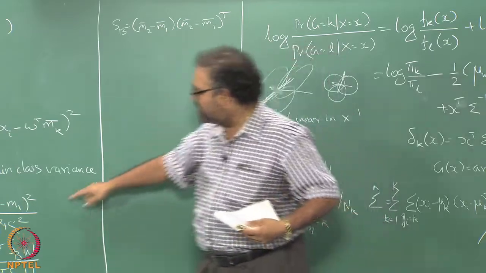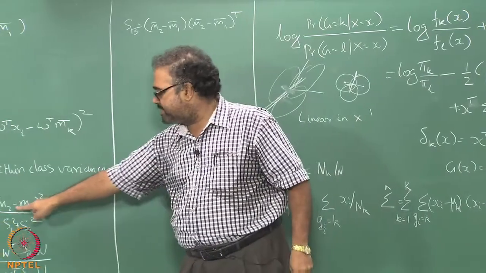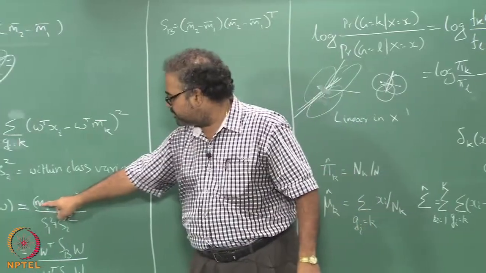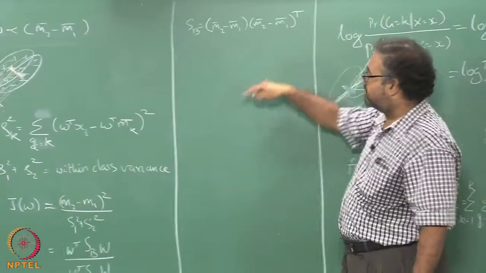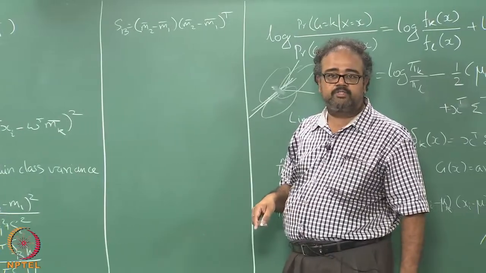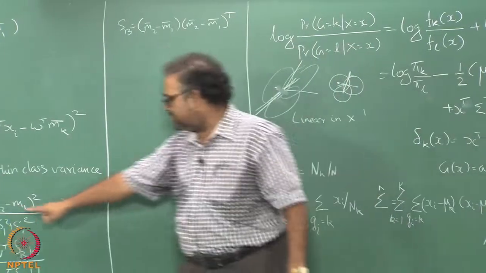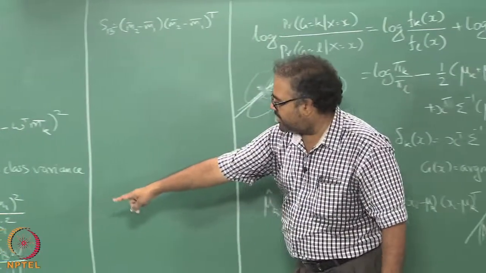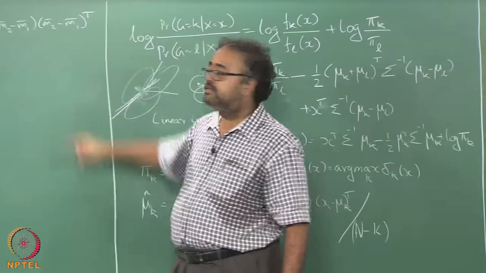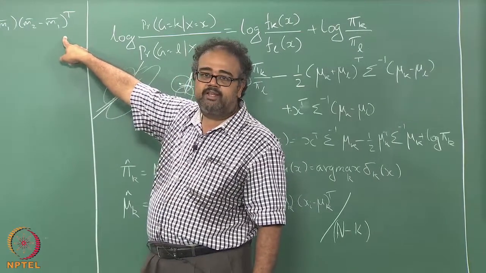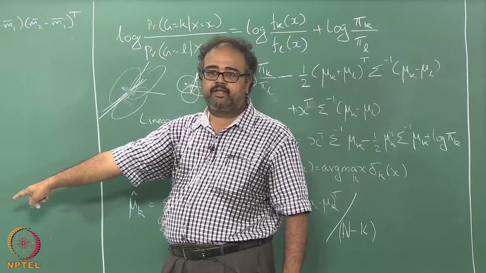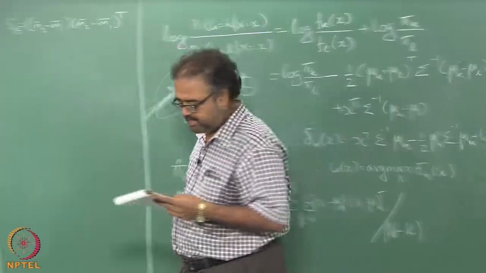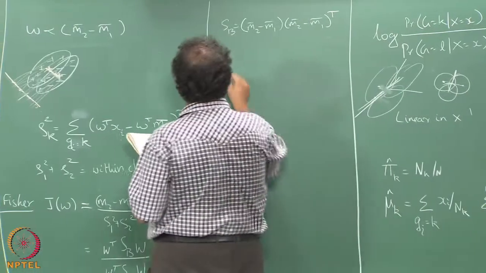So what I wanted was M2 minus M1. What is M2? So the projected one, M2 will actually be W transpose M2 bar, right. So essentially I have W transpose M2 bar minus W transpose M1 bar. So I can take out the W transpose and then have the square of the M2 bar minus M1 bar, and I am adding the W squared back in, okay, by doing W transpose SB W, okay. Now what about SW?